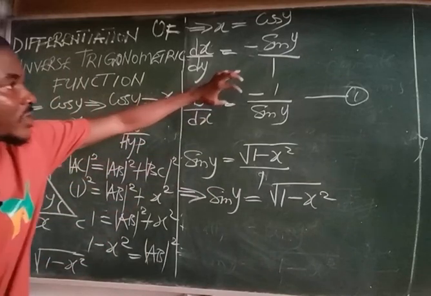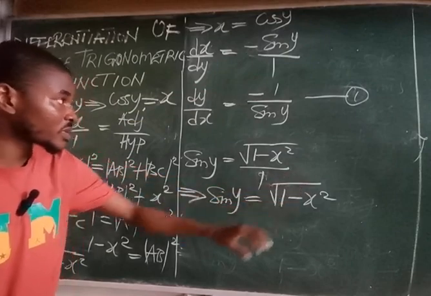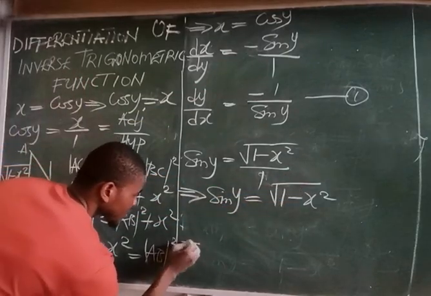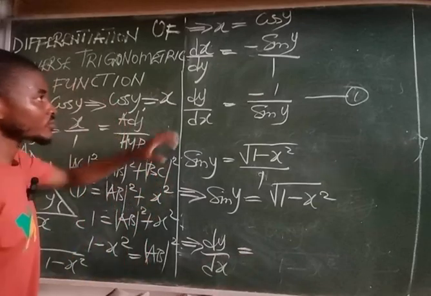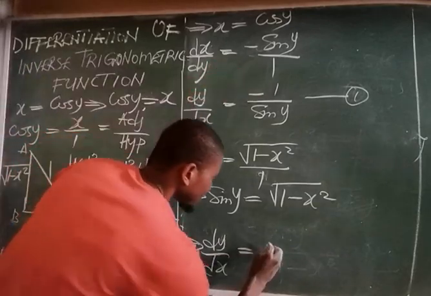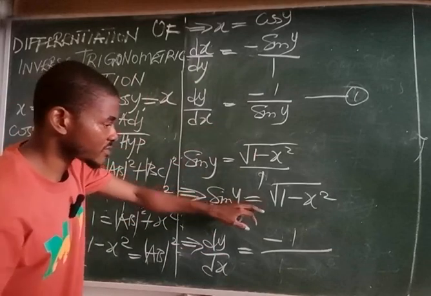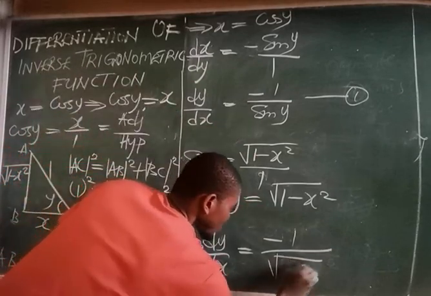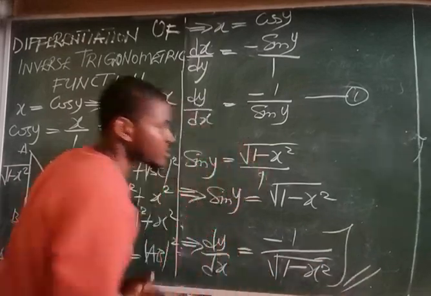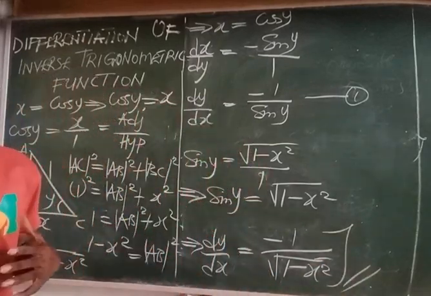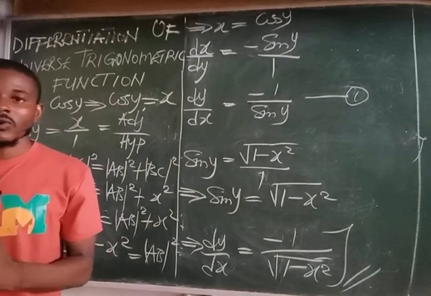So in place of sine y here, we can simply call it root 1 minus x squared. So that actually means that dy all over dx is now equal to, from here we have minus 1 all over, in place of sine y is this, all over root 1 minus x squared, which is the same result we obtained when we used the first approach. So whichever approach, you can go for it.